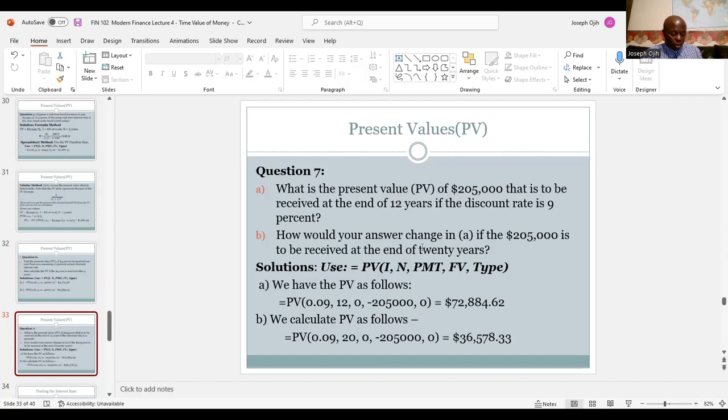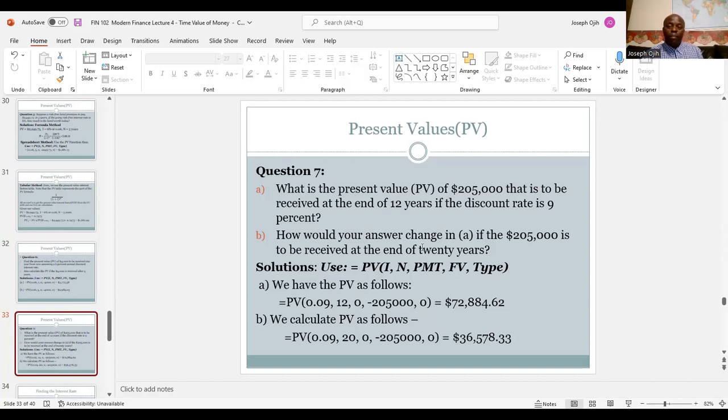Number of years, 12 years. Okay, we have payment. You're not getting any payment until 12 years expires, so zero payment. Future value, that's the actual amount you're receiving, which is $205,000.